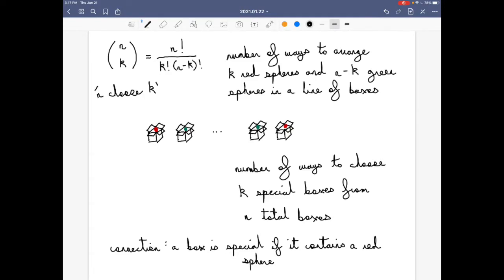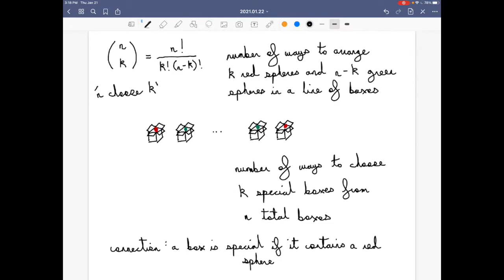And then from the concept of n factorial, arranging distinct objects in a line, we arrived at a concept of multinomial coefficients for arranging a group of colored spheres in a line.